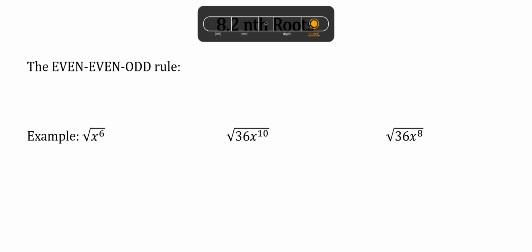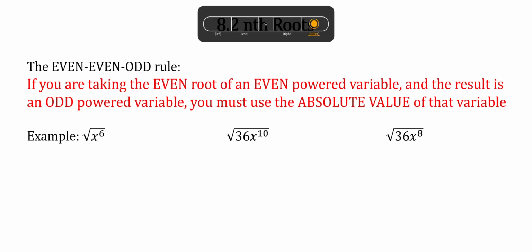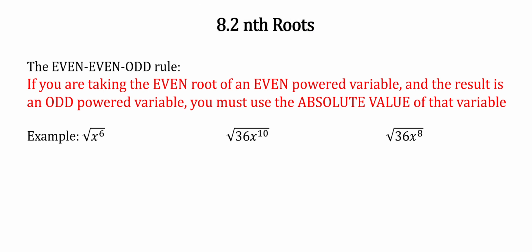It's called the even-odd rule. If you have the even root of an even-powered variable, and the result is an odd-powered variable, you must use the absolute value of that variable. A lot of words. Even root of an even power and result is odd power. Use the absolute value.